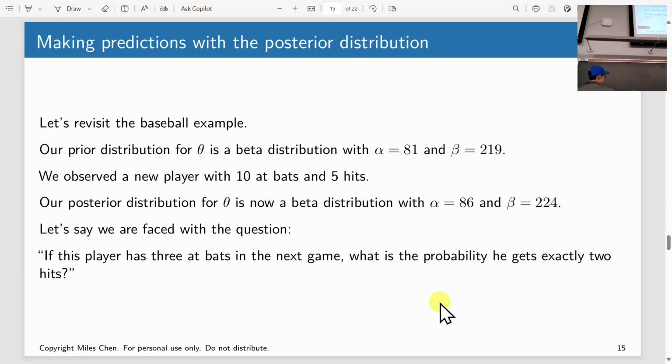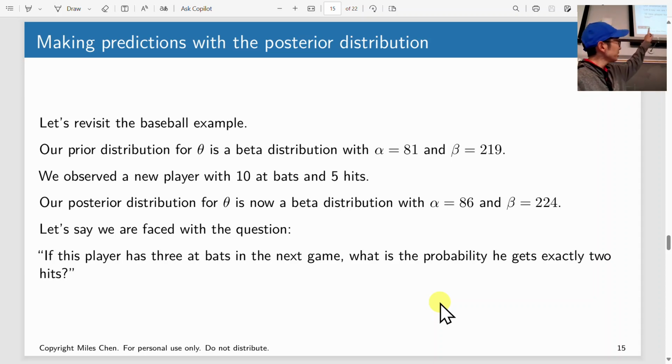Zero over here, 1 over here, and the shape was something like this, where this is our prior, with shape parameters 81 and 219.